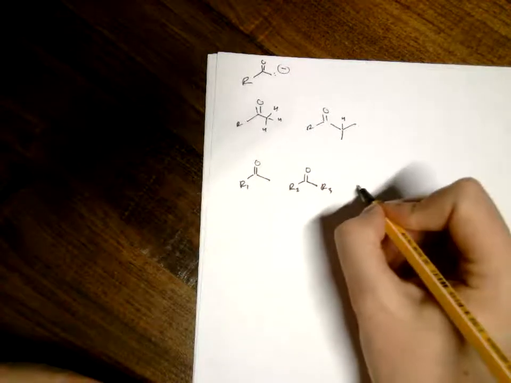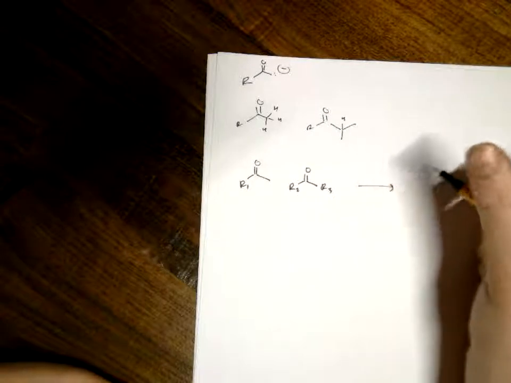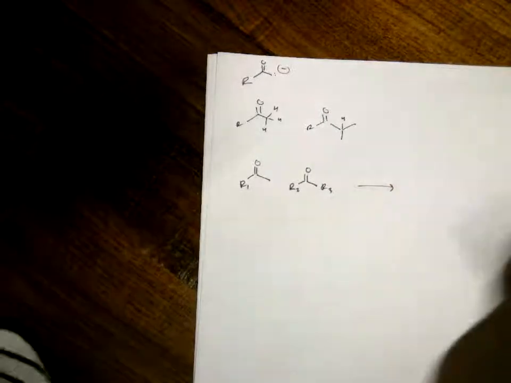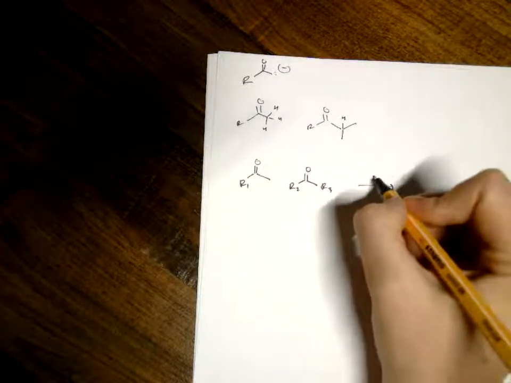So essentially you react this with base. A good way to look out for an aldol condensation is if you see a ketone or an aldehyde by itself with a base, a lot of times that's going to indicate an aldol condensation.